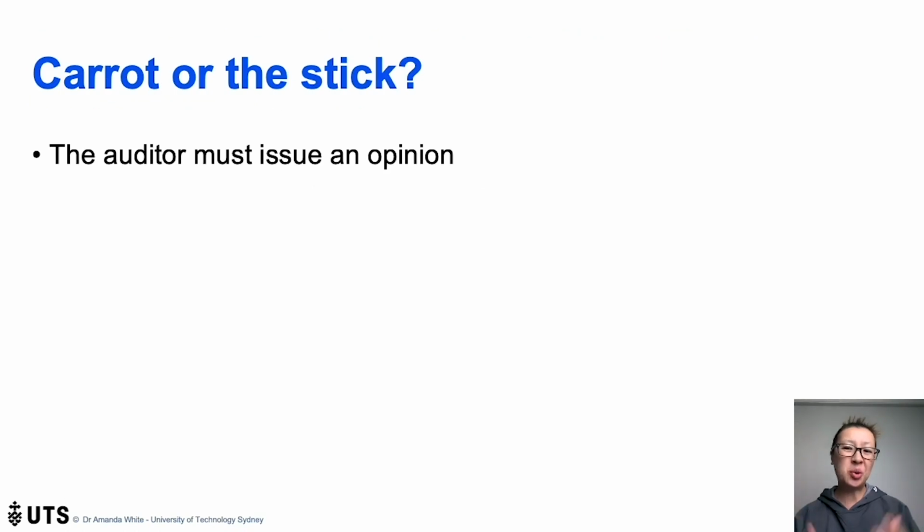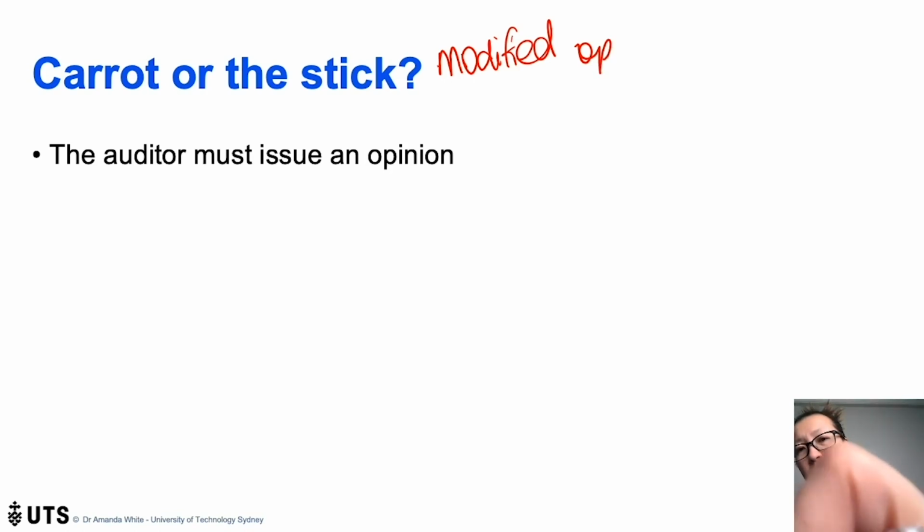There are sort of two ways of thinking about audit negotiation. Do you go with the carrot of the enticing and this is good for shareholders and everything that's positive about making sure that your client's financial statements are as accurate and reliable as possible. And the other option is the stick. And the stick is essentially a modified audit opinion.